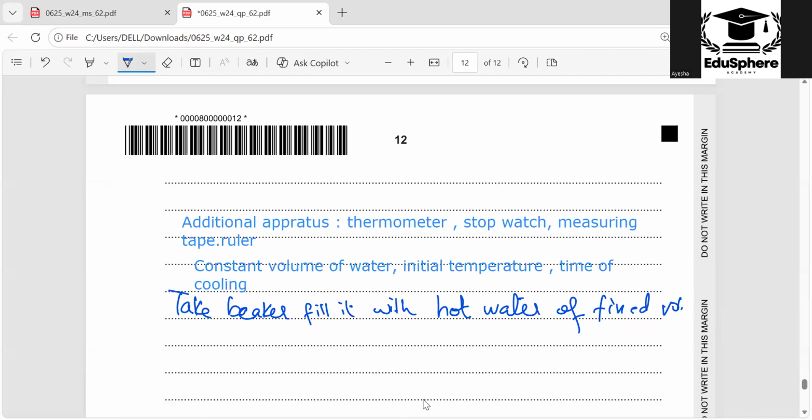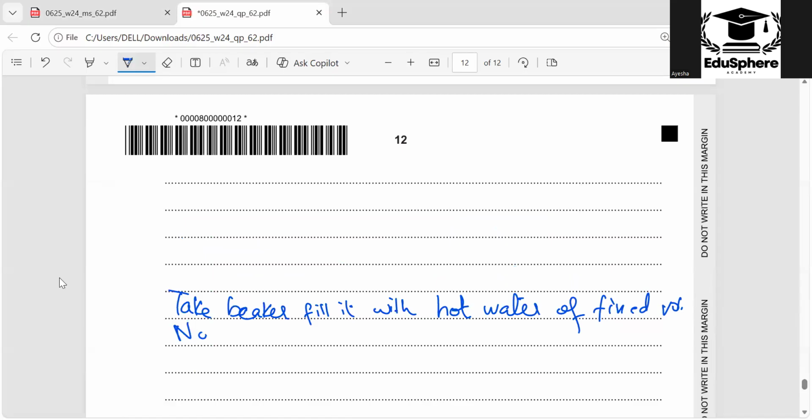Then we have to note down the initial temperature. And what else can we do? Let it cool for a fixed period of time.